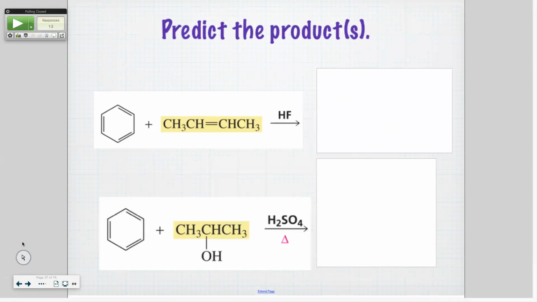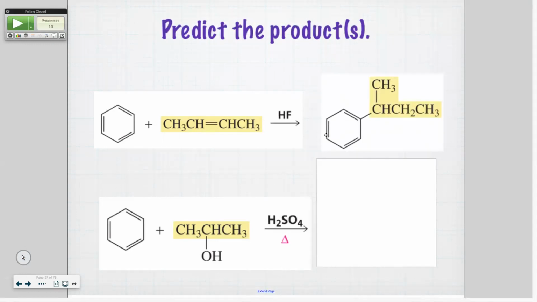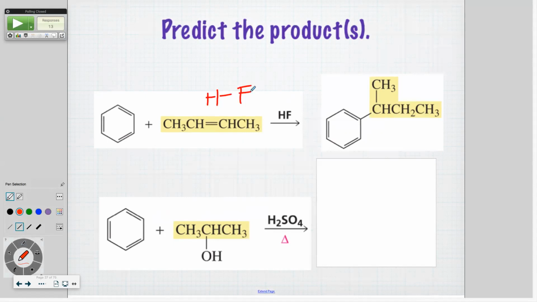Not a clicker question, so feel free to try. Okay, did you get that? How do you get that? Okay, so what happens when you take this and react it with HF? What do you think will happen?